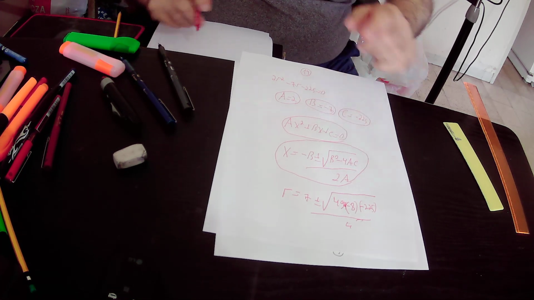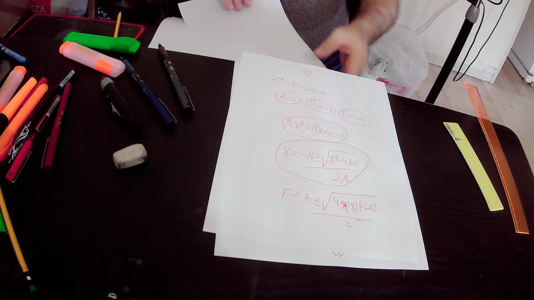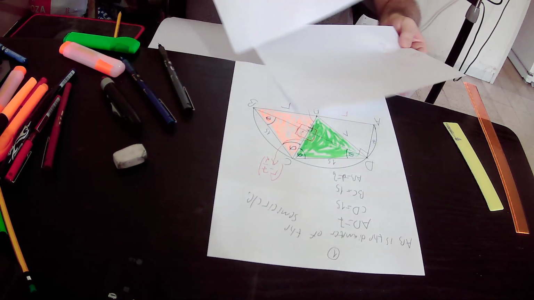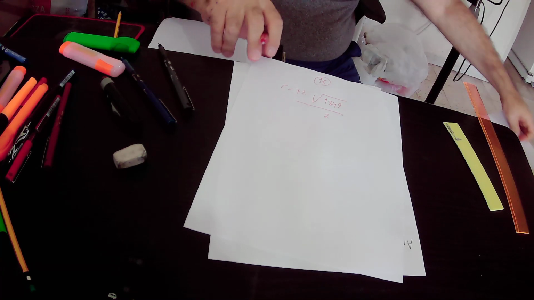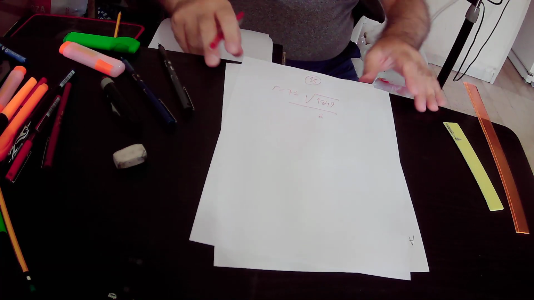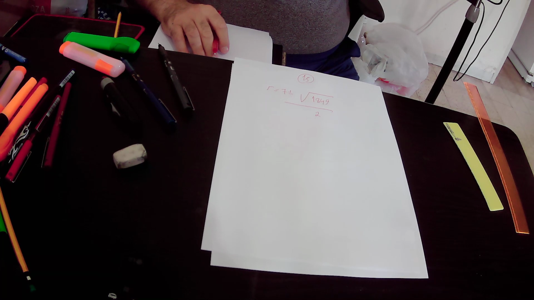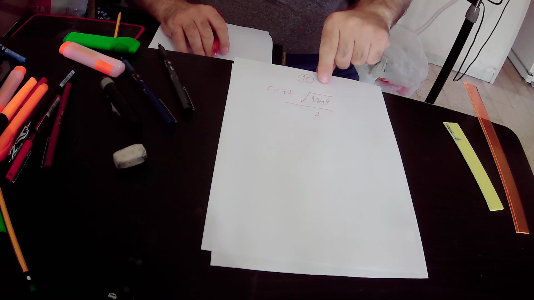Okay, so the radius of the semicircle equals to 7 plus minus the root of 1849, which equals 43.